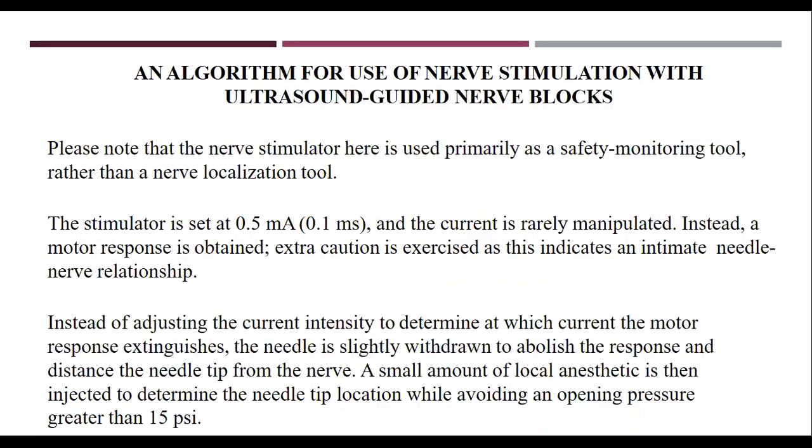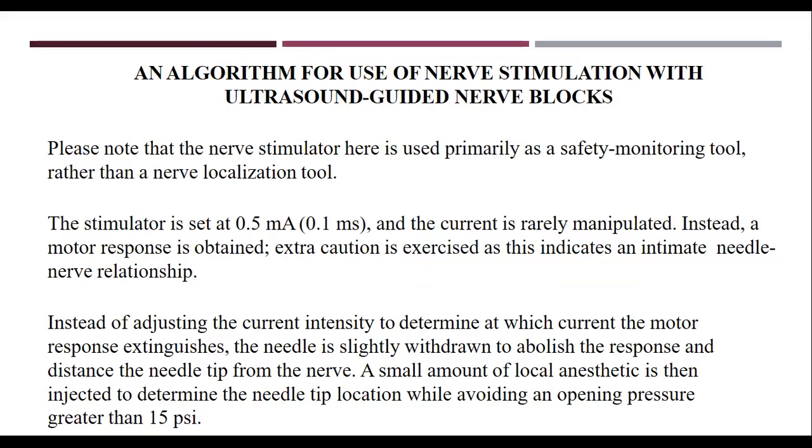So this is an algorithm for use of nerve stimulation when ultrasound guiding nerve blocks. Please note the nerve stimulator here is used primarily as a safety monitoring tool rather than a nerve localization tool. The stimulator is set at 0.5 milliampere, 0.1 millisecond, and the current is rarely manipulated. Instead, if a motor response is obtained, extra caution is exercised as this indicates an intimate needle-nerve relationship.